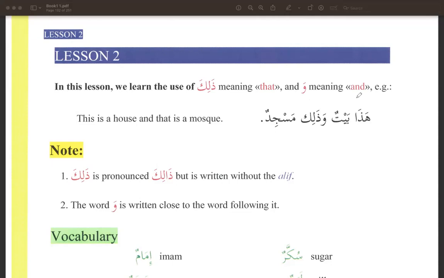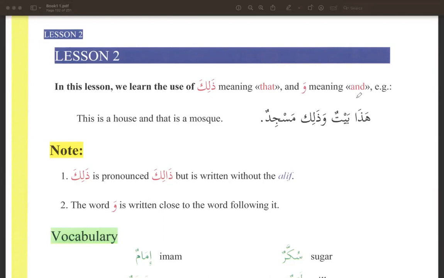For example, I have this phone in front of me. I'm going to say hada al-hatif, this phone. I'm not going to say dhalika. That wouldn't make sense. Dhalika is used for something which is at a further distance. For example, if there's a computer in the corner, I will say ذلك الحاسوب, that computer. I wouldn't say this if it's that far.